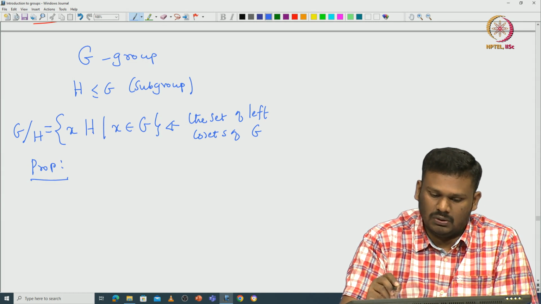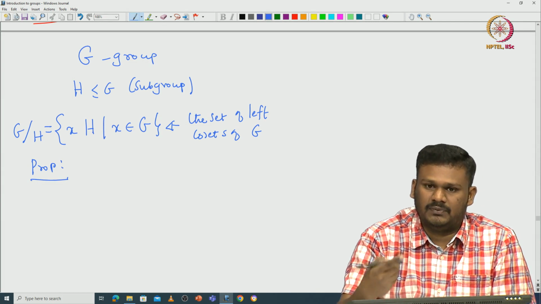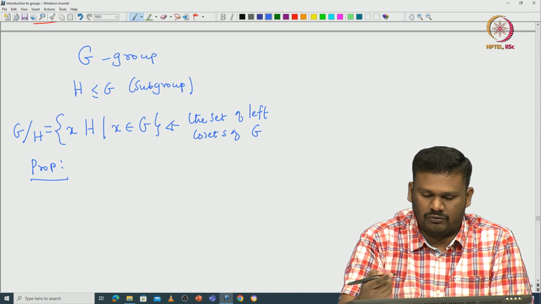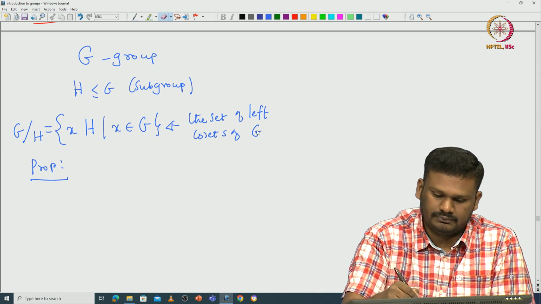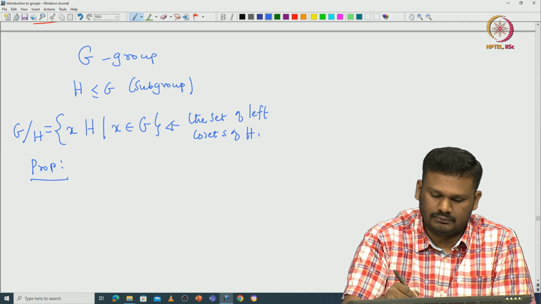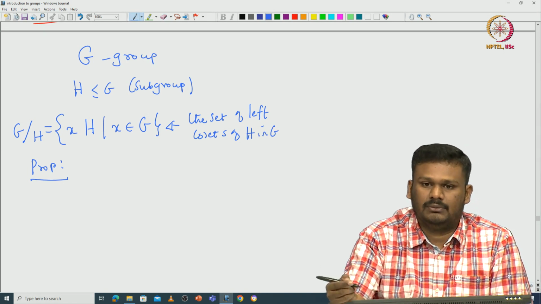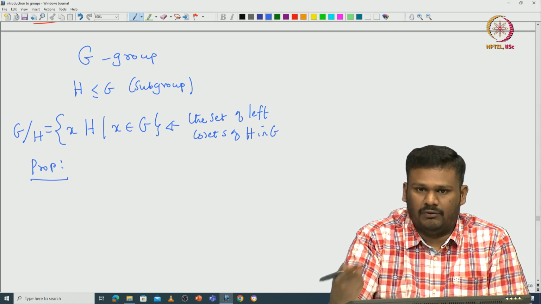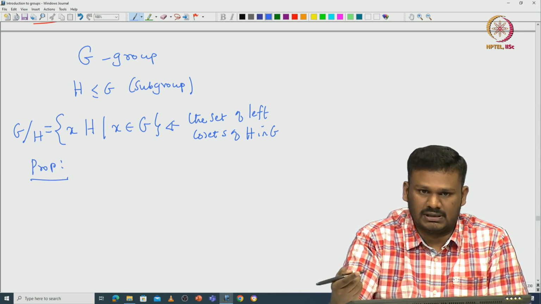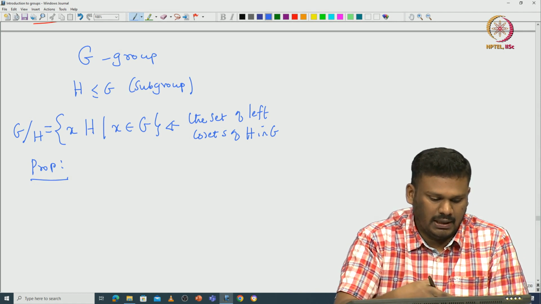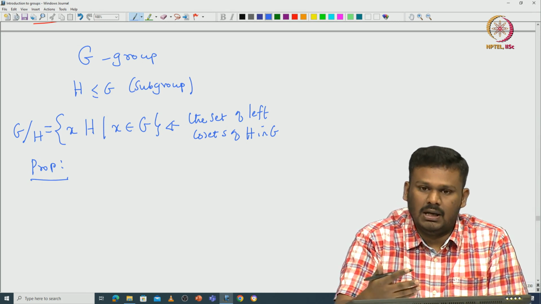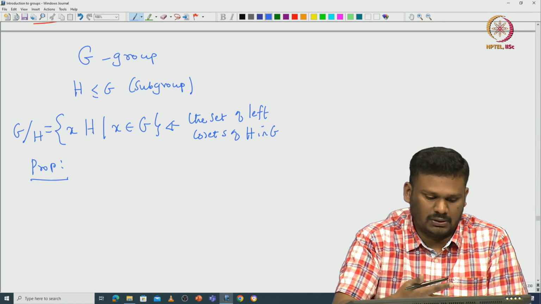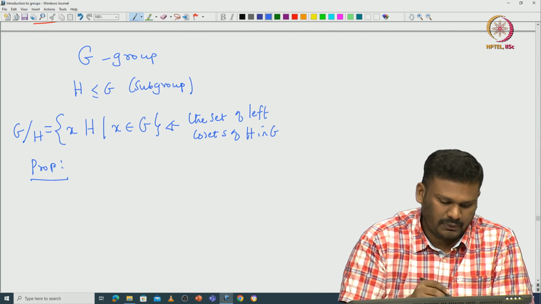What it means is we pick some representatives from each left coset of H in G, collect them together to form an indexing set for the left cosets of H in G, and that also will be denoted by G mod H. As sets, one can identify the representatives and the cosets. There is no issue.